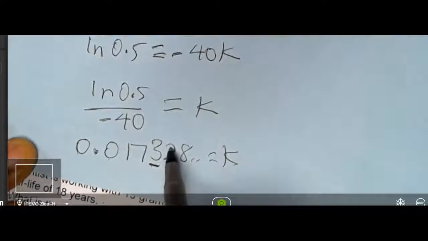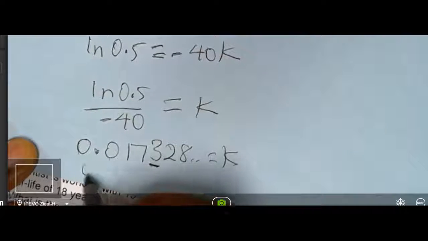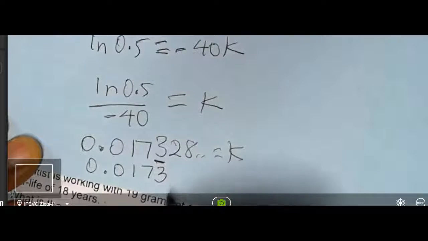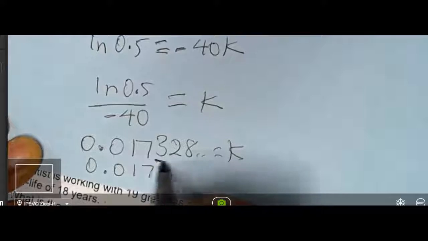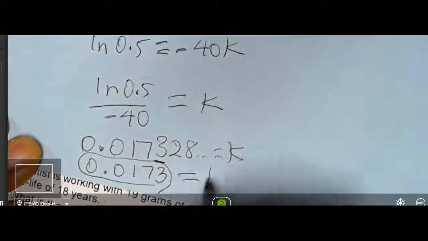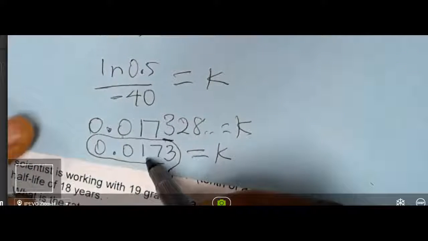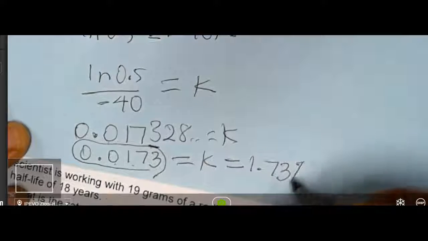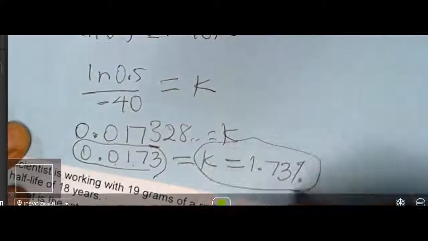So we look to the right, 2 is not up to 5, so we ignore it. So it's going to be 0.0173. Okay? That's the K, that's the rate. And if you want it in percent, just multiply that by 100, and then we're going to get 1.73%, just in case. Okay? Same thing.